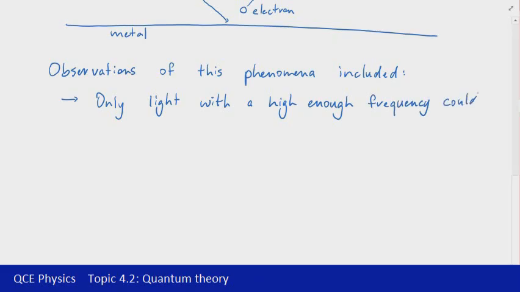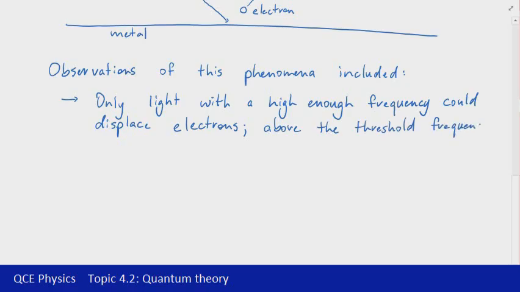And that leads to a particular frequency that we need to be aware of, and that's known as the threshold frequency. So above the threshold frequency, and the symbol that we use for threshold frequency is f with a subscript 0, so f naught, electrons were immediately ejected.